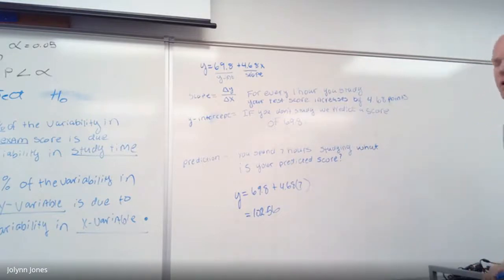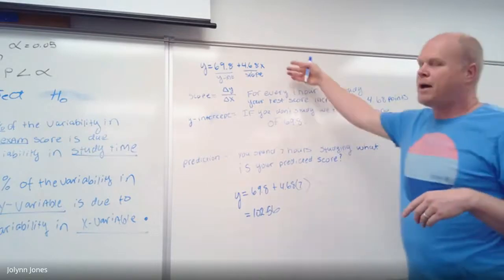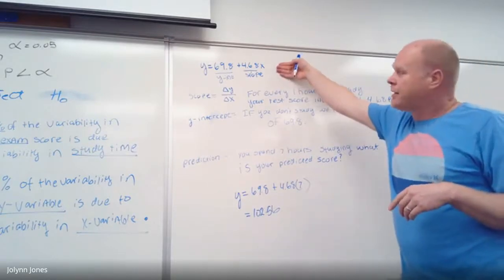I purposely made this one go over 100. I don't know if it's percentages or not, or what the total is. But that would be our prediction. So if this only has 100 points possible, our prediction is telling us we're going to get a score that's better than possible. I chose that one because I knew it happened. Remember, these are regression lines. They're models. They're not perfect.